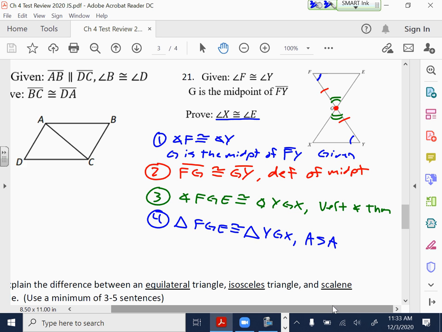That side is in between my two angles. But again, that's not what we're trying to do. We're trying to prove that angle X and angle E are congruent, so it takes one more step. Angle X, angle E are congruent because of CPCTC, corresponding parts of congruent triangles are congruent.